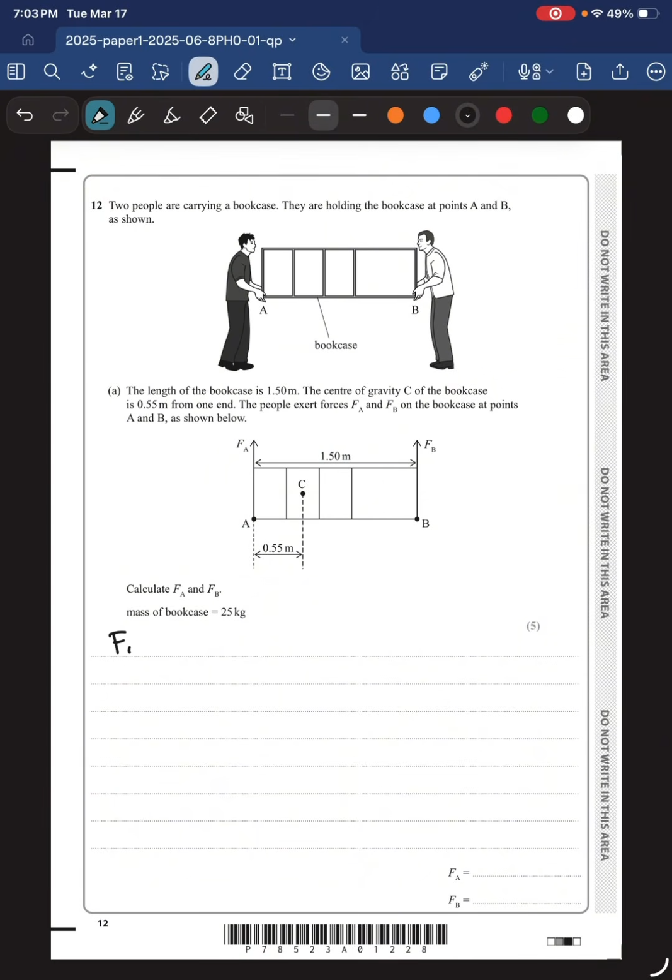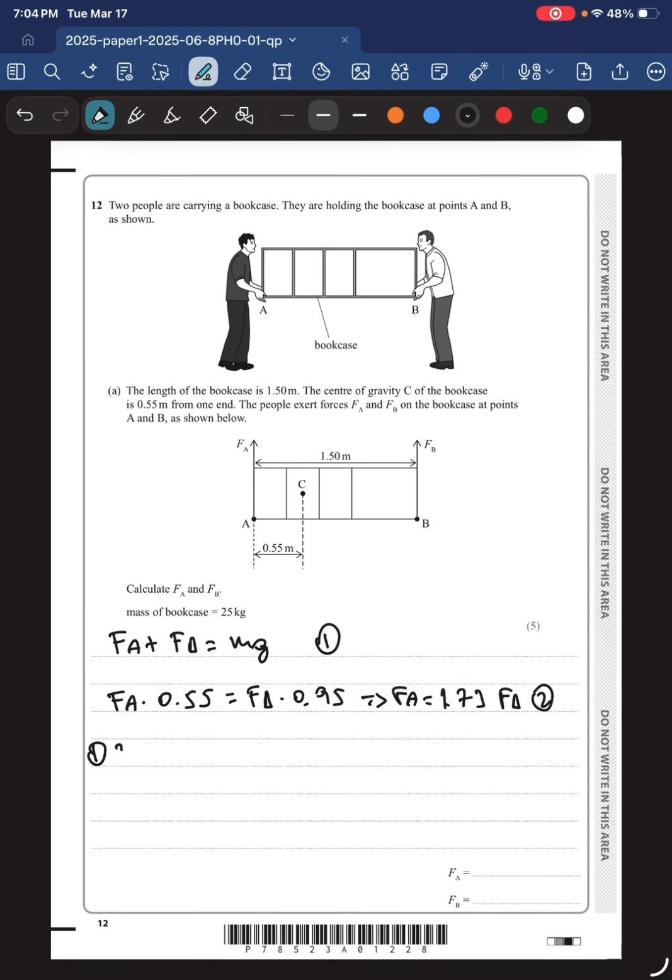So FA plus FB should be equal to m times g, right? This is equation 1. And also, if we take moments around C, we have that FA times 0.55 should equal FB times 0.95, okay? Therefore, FA is 1.73 FB.